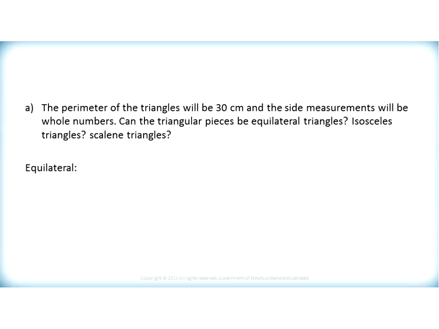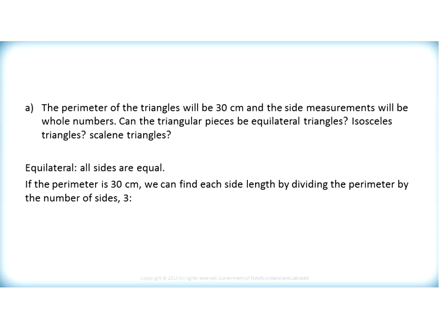Well, for an equilateral triangle, some of the properties include that all sides are equal. So if the perimeter is 30 centimeters, then we can have an equilateral triangle, and we can determine the side length by dividing the perimeter by the number of sides, which is 3. So 30 divided by 3 means that each side in my equilateral triangle is going to have a length of 10 centimeters.